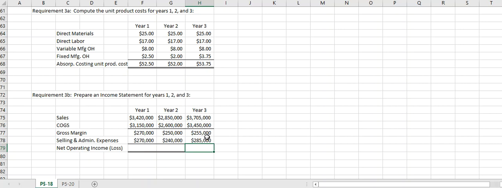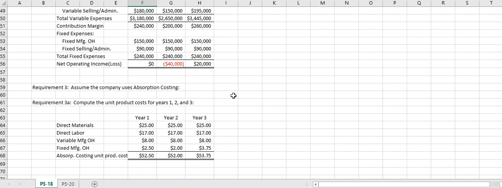So we had a gross margin. We had additional selling and administrative expenses. So we're going to subtract those out. Your gross margin less your selling and administrative gives you your net operating income or loss. This one, we're still at break even, but you'll notice in years 2 and 3 our numbers look a little bit different. In year 2 we actually had a net operating income of $10,000 and a net operating loss in year 3 of $30,000.